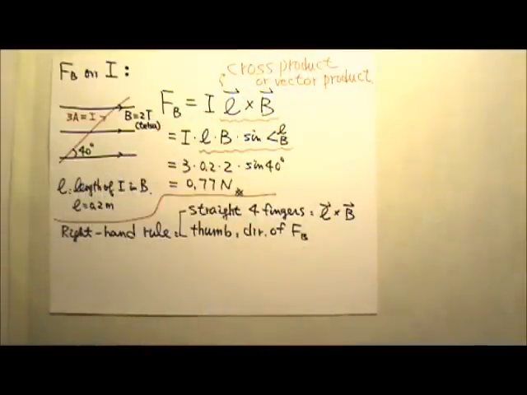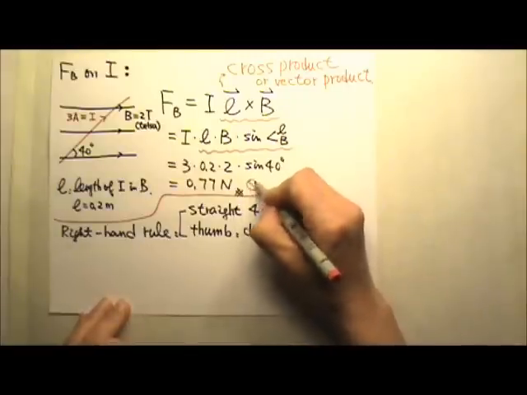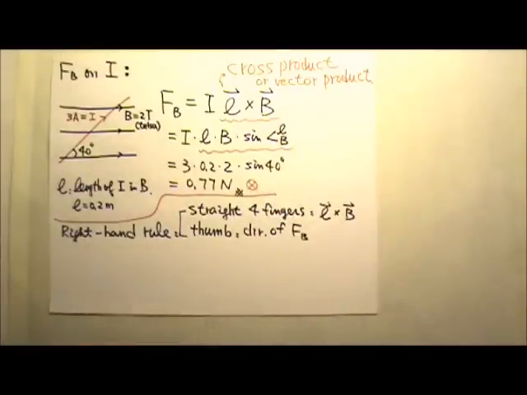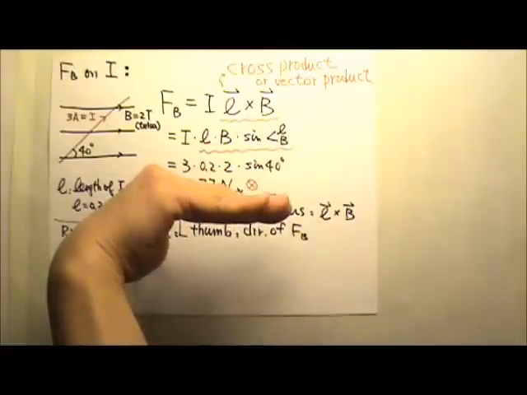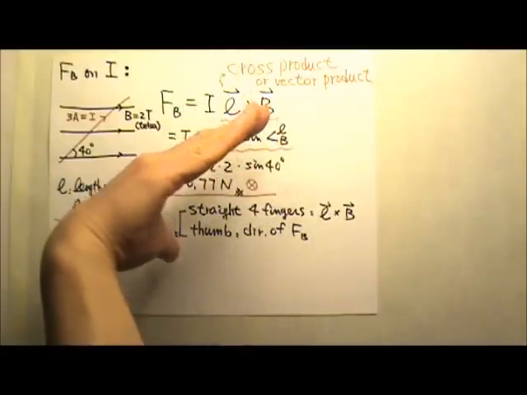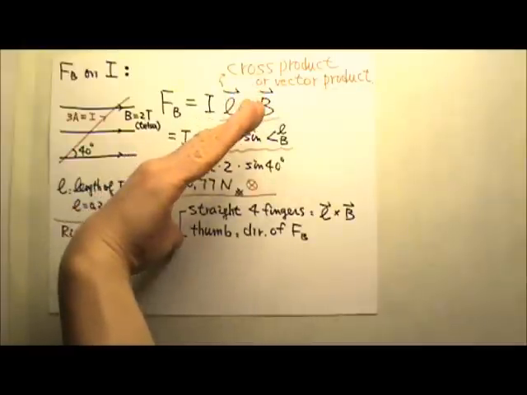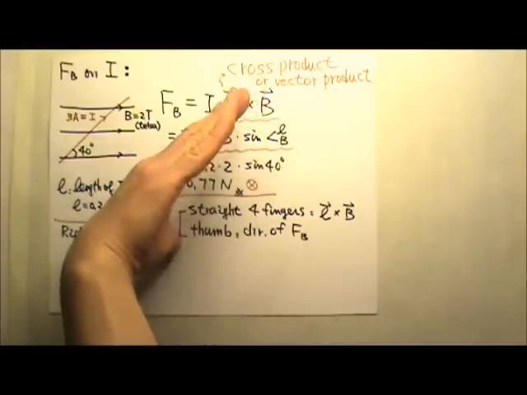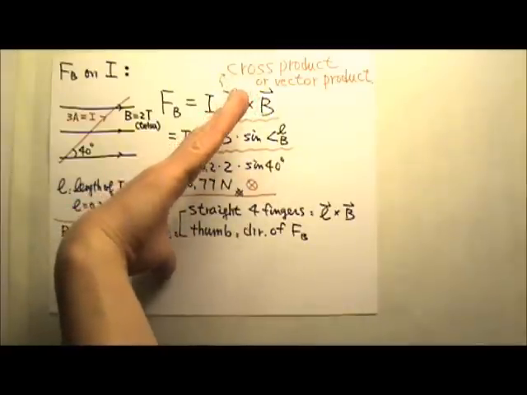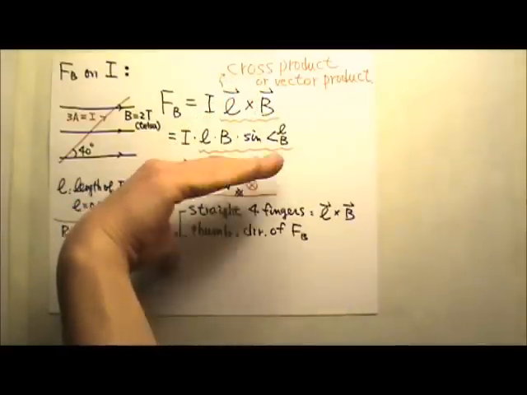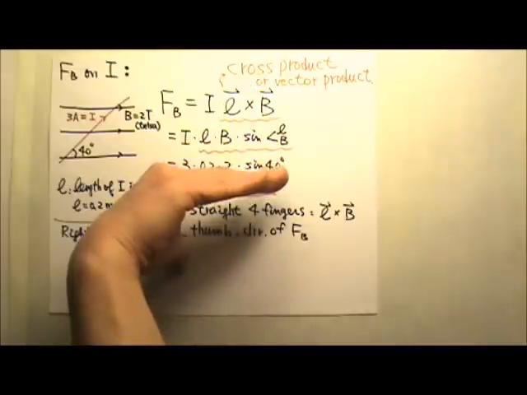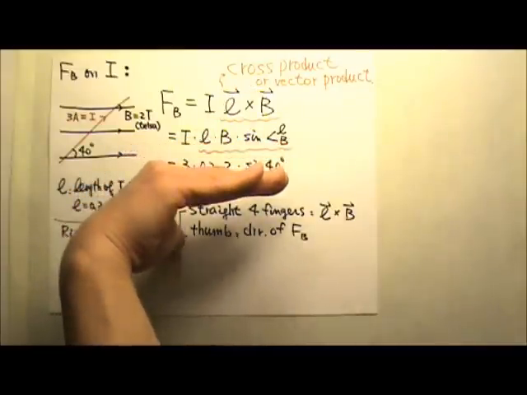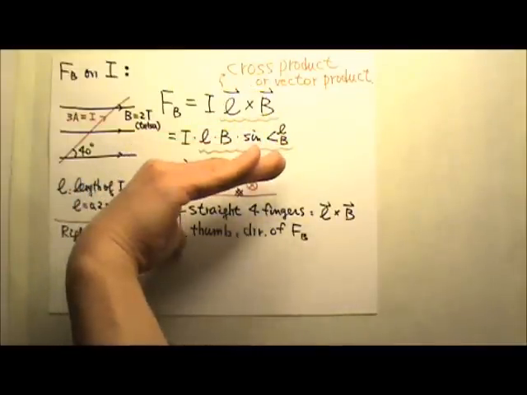And into the paper means we draw a circle with an X. Notice how when I do the L cross B, my thumb doesn't move at all. The thumb is pointing into the paper the entire time. So the only goal for us to do the L cross B is to make sure that our hand is in the correct orientation, so the force can be in the correct direction.